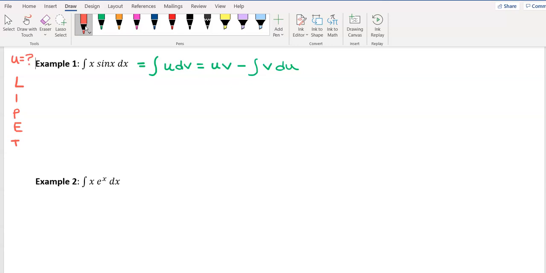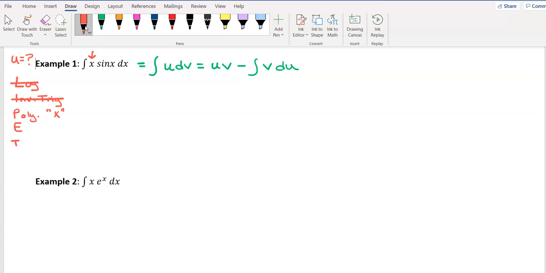Do we have a logarithm in here? No, so that's out. Do we have an inverse trig in there? No, we have a regular trig, but not an inverse, so that's out. Do we have a polynomial? Why, yes, we do. x is a polynomial, right? So just our plain x tells us we're good.